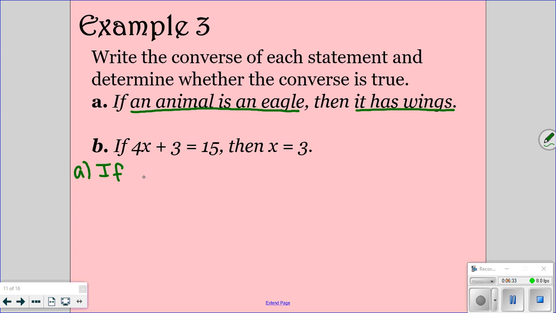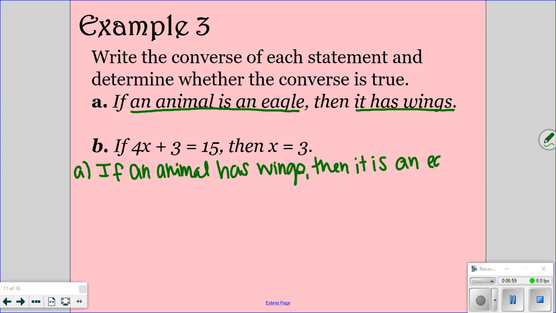So make sure that your statement makes sense grammatically and when you read it. The it is referring back to an animal. So we need to say if an animal has wings, then it is an eagle.